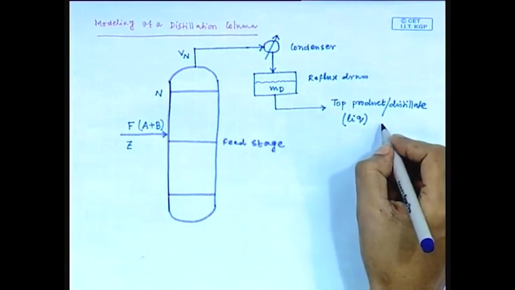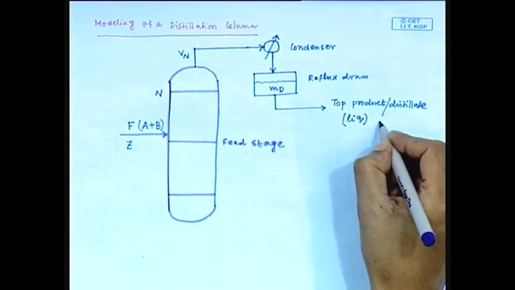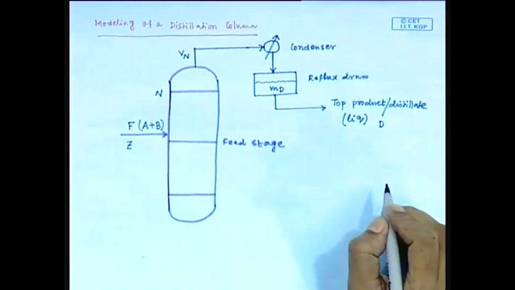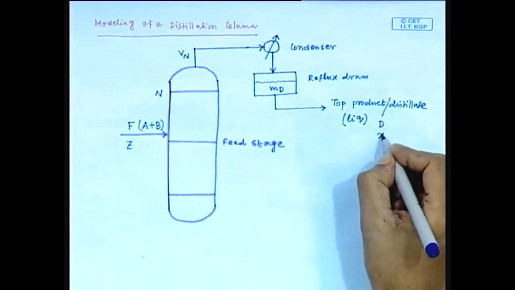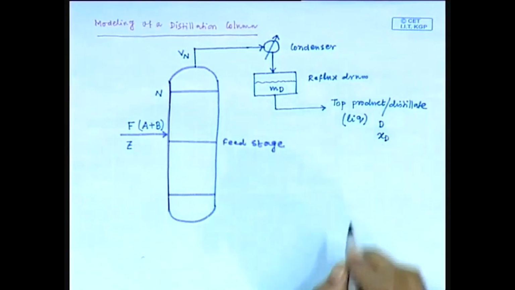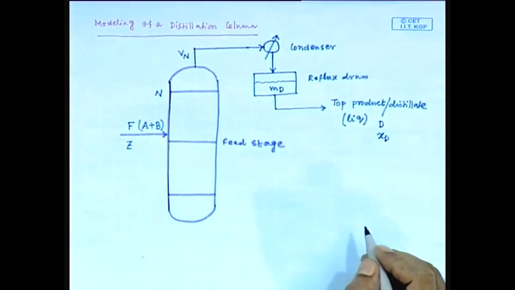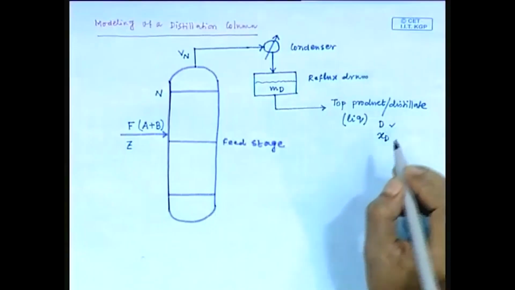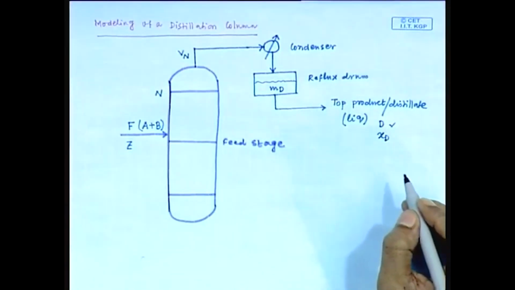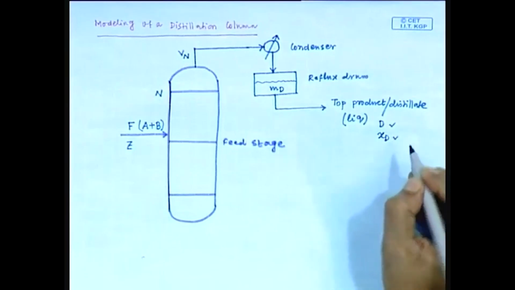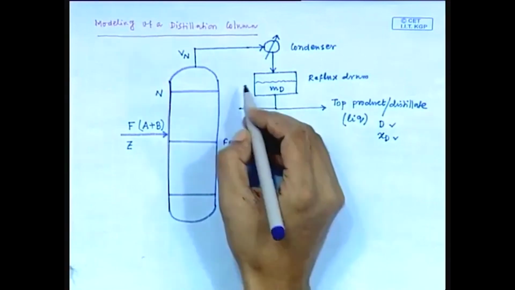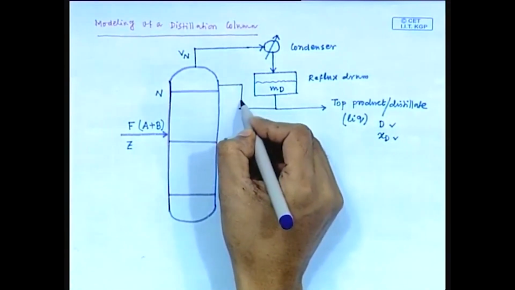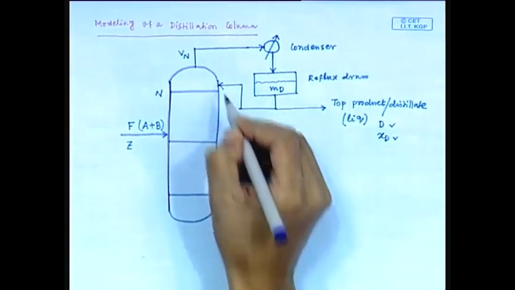Now, we will assume the flow rate of this distillate is D and composition is X suffix D. The top product flow rate we are representing by capital D and composition is by XD. A fraction of this accumulated liquid is recycled back to the top tray.